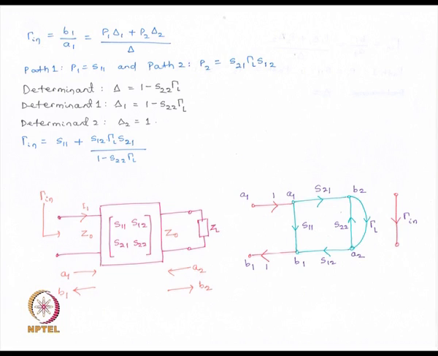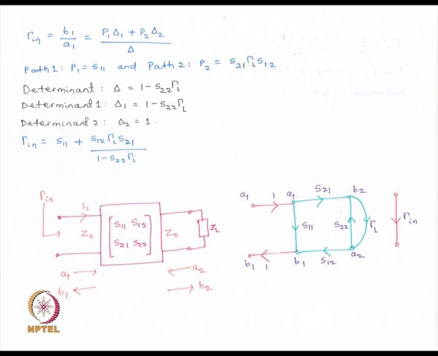So, we do not have any loops which do not touch path 2, hence our determinant 2 or delta 2 will simply be 1. So, then now putting all these values in this equation, if we multiply P1 times delta 1 plus P2 times delta 2 and this whole by delta, we get this as the value of gamma n.